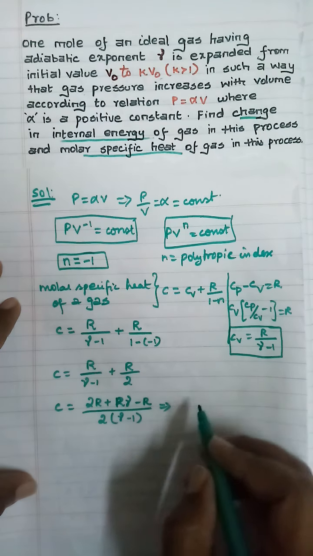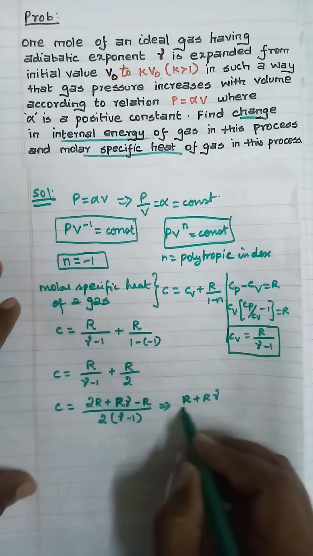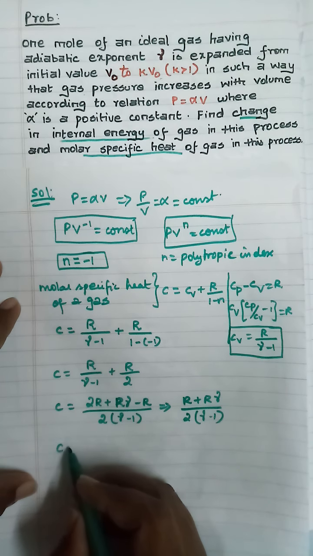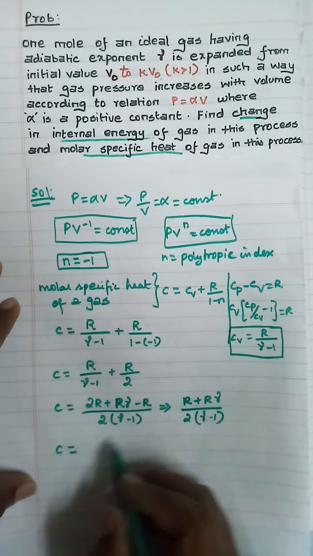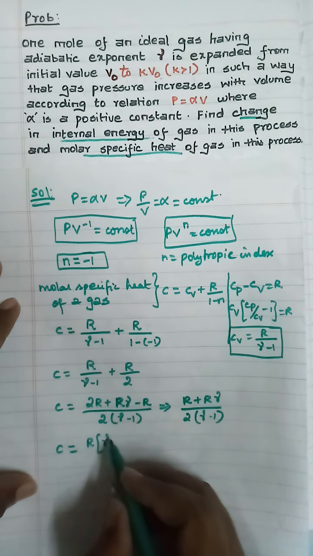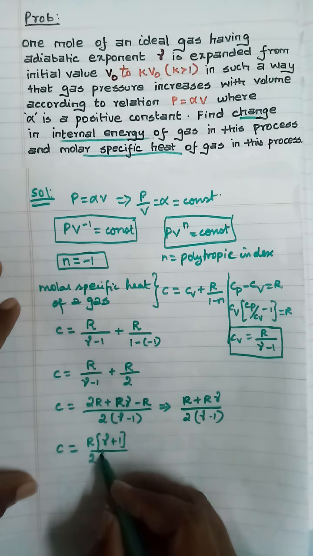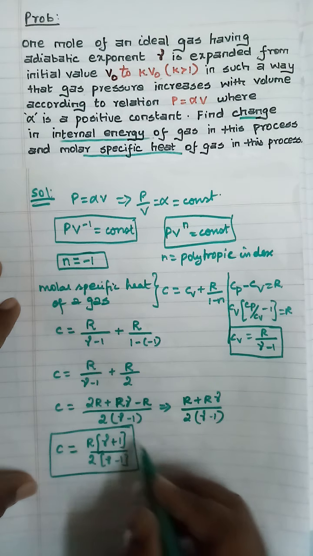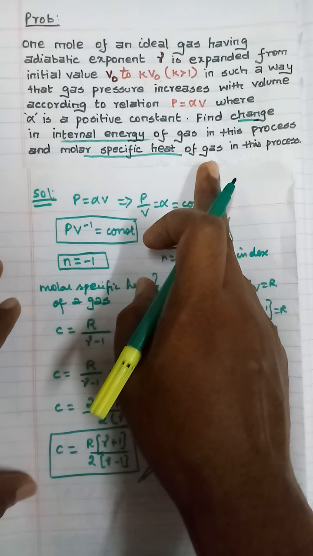This is equal to 2R minus R plus R gamma by 2 into gamma minus 1. Then C, the molar specific heat of the gas, is equal to, taking R common, R into gamma plus 1 by 2 into gamma minus 1. This is the answer for the molar specific heat of a gas.